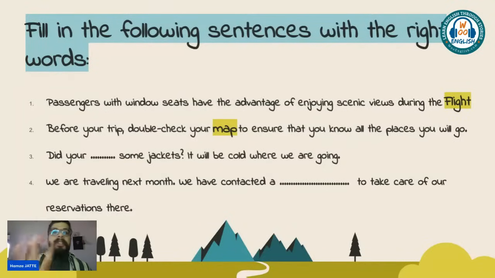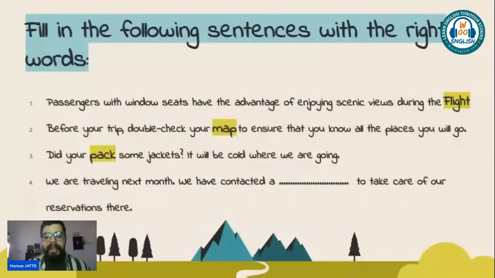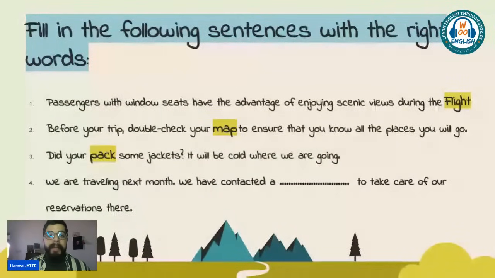However, I wanted you guys to choose only from the words that we saw in the vocabulary in the first phase. So the word is absolutely take, but Amin is correct. We can use did you prepare to some extent, and also we can say take. Did you take some jackets? You guys are correct, but just to recycle the words that we have just learned, I will use pack.